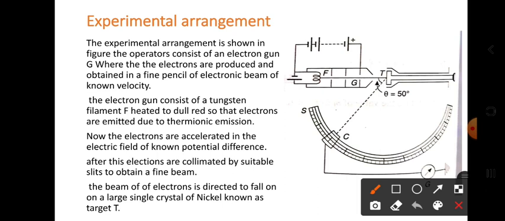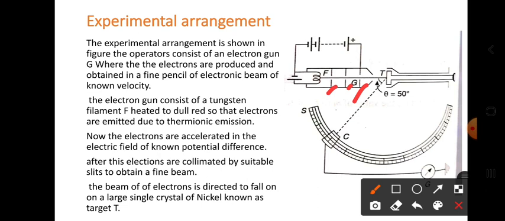And obtained in a fine pencil electron beam of known velocity. Known velocity means they are coming with some known velocity. Fine pencil beam means, see here, there are many slits: one slit, another slit, another slit, like this.